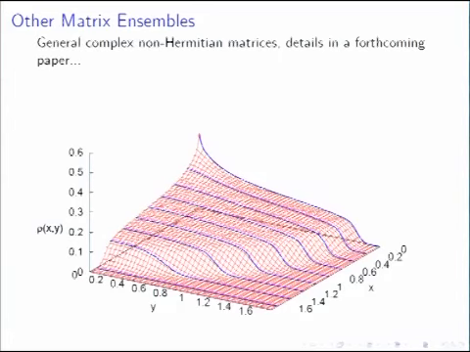I haven't got time in this talk for details, but they are in a forthcoming paper. Here, unfortunately, the colors are reversed. The red grid is the results of many diagonalizations of Gaussian matrices where we don't require symmetry, and the blue lines are the results of, I think this time, population dynamics.